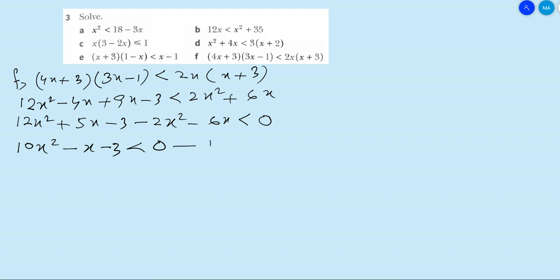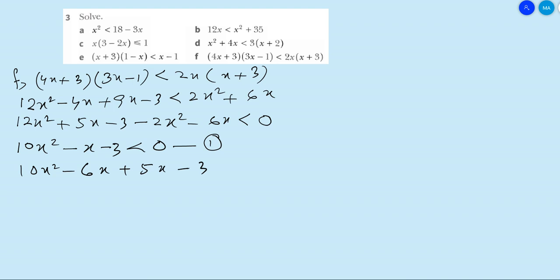Assign the name to the inequality: inequality number 1, 10x squared minus x minus 3. 3 tens are 30, 6 fives are 30. So 10x squared minus 6x plus 5x minus 3.